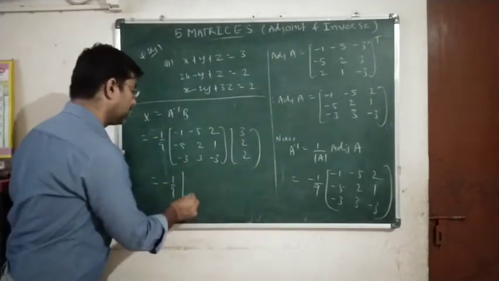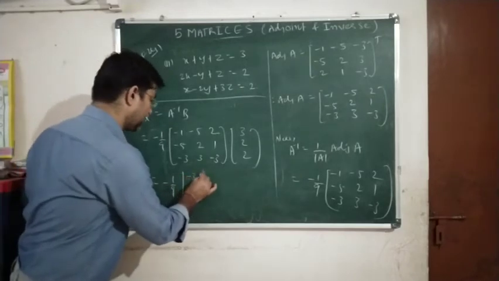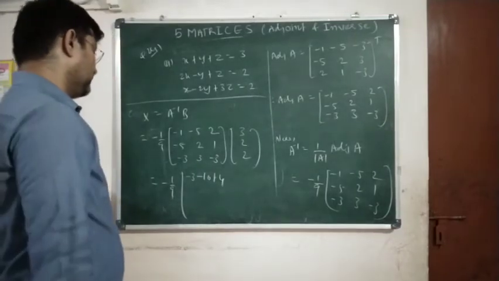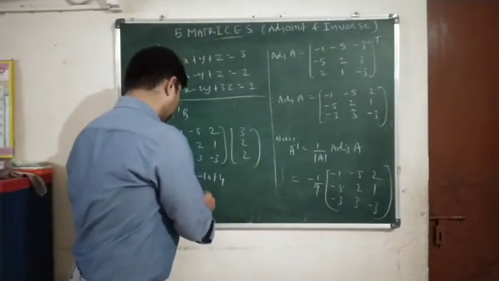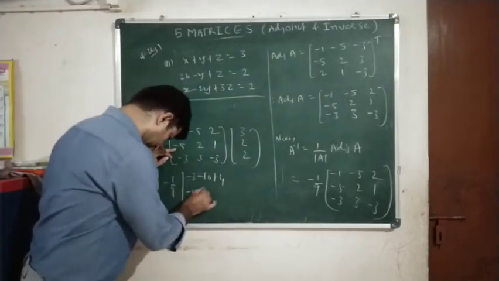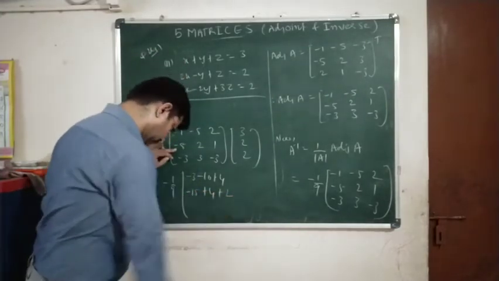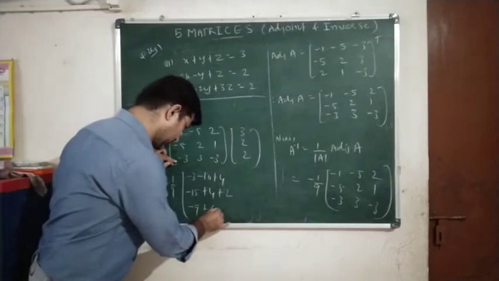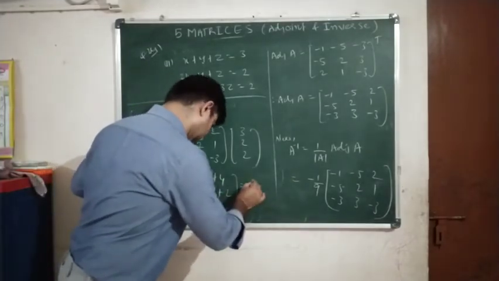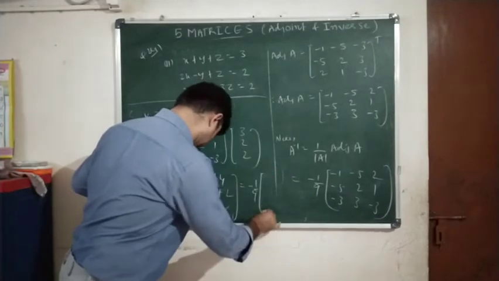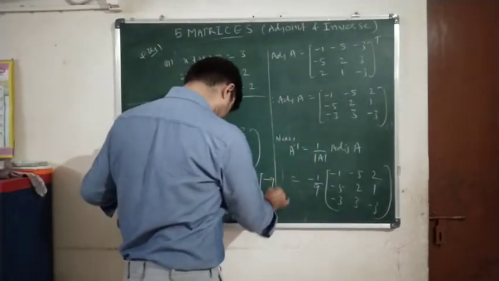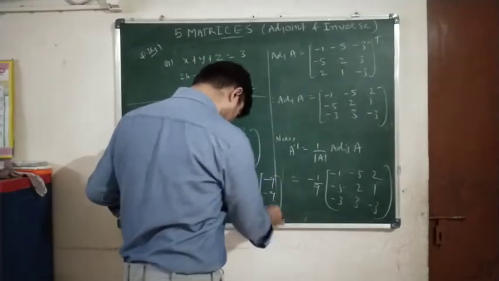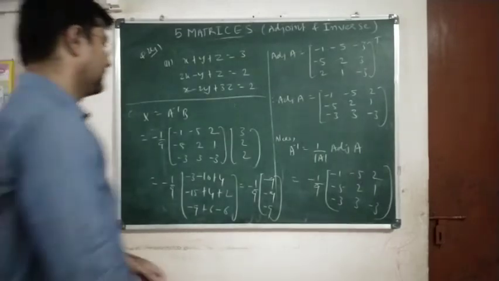That gives minus 1 upon 9 times: minus 3 minus 10 plus 4, then minus 15 plus 4 plus 2, then minus 9 plus 6 minus 6, which is minus 1 upon 9 into minus 9, minus 9 and minus 9. Okay, so 1, 1, 1.